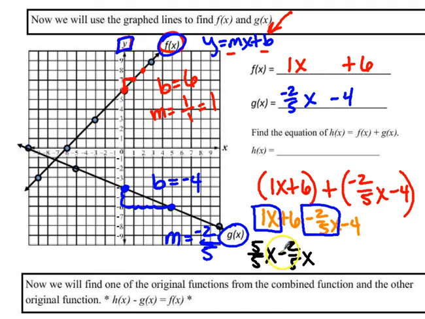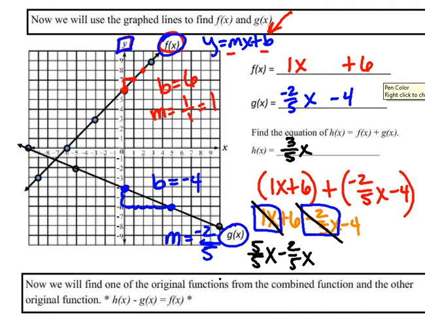What's 5 minus 2? 5 minus 2 is 3 over 5x. Wow! That's some crazy magic. If I have 1 whole minus 2/5, I'm left with 3/5. And that's as hard as you're ever going to get, folks. Don't be scared about that. If you see fractions, just make the whole number a fraction. That's old school math.